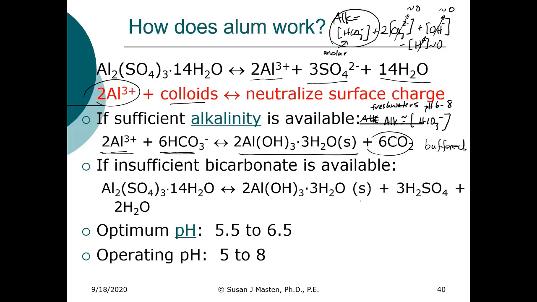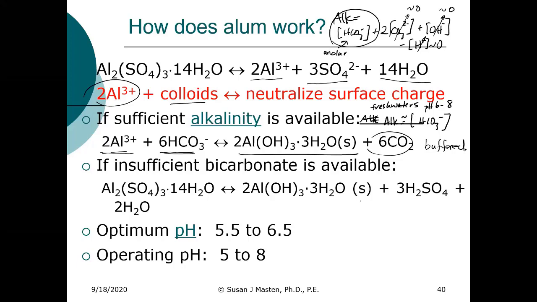If the system is buffered, what does that mean in terms of pH? A solution with a high alkalinity is well buffered. That means that water is able to resist a change in pH upon the addition of an acid.